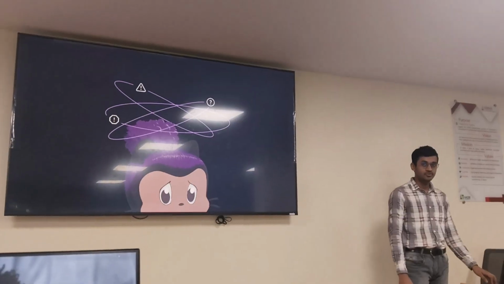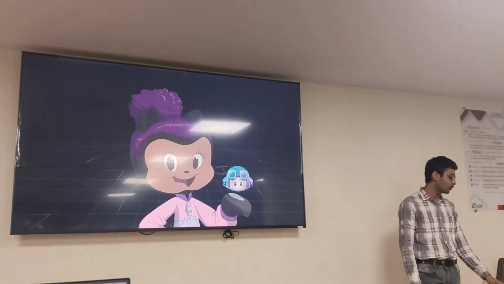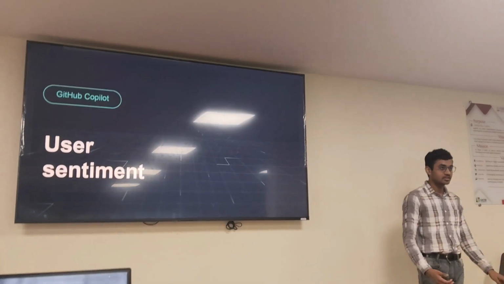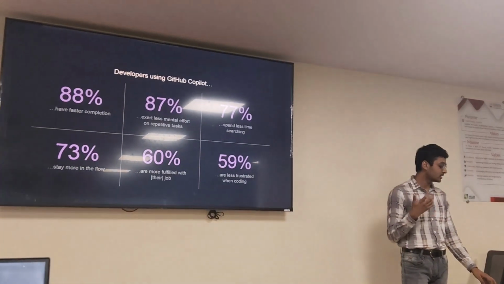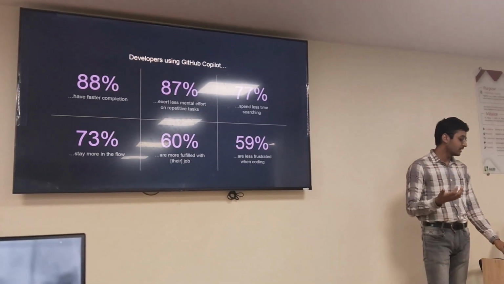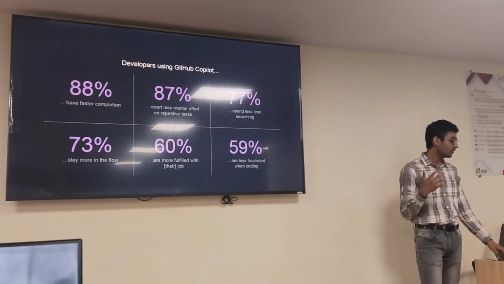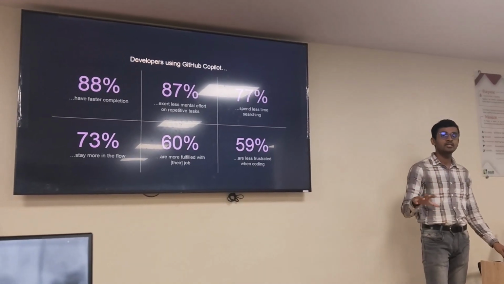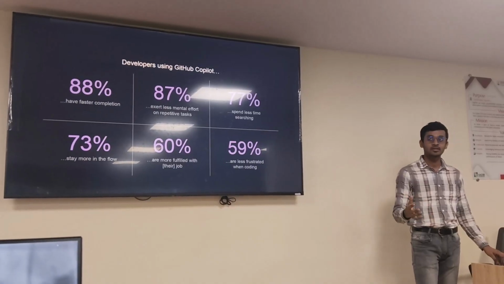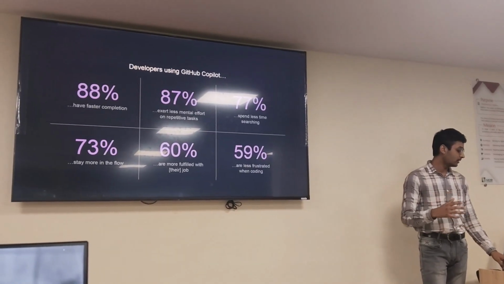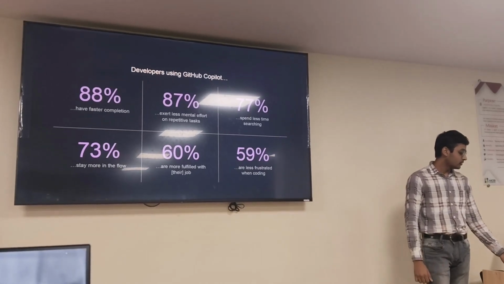So are you still confused? So let GitHub Copilot help you. And so what are the statistics, what are the benefits of having this? You have better completions. You put less effort into repetitive tasks. You spend less time switching tabs and all, and you stay in the flow.